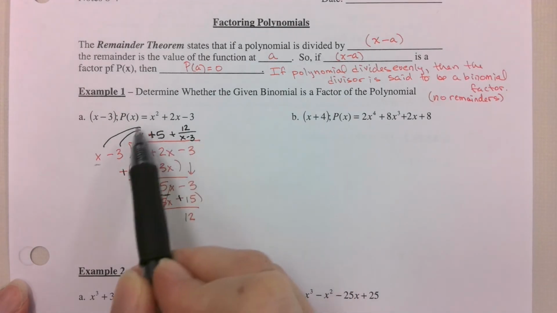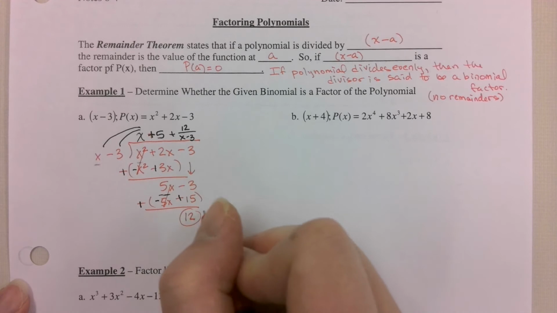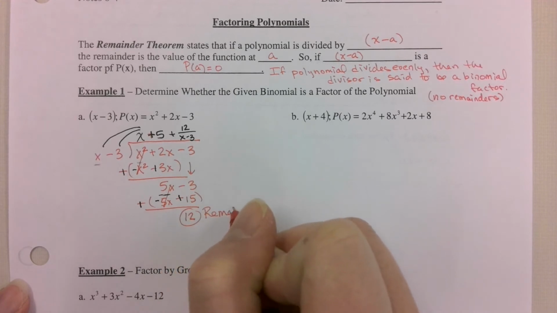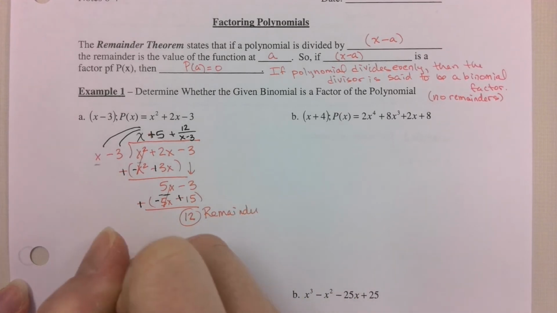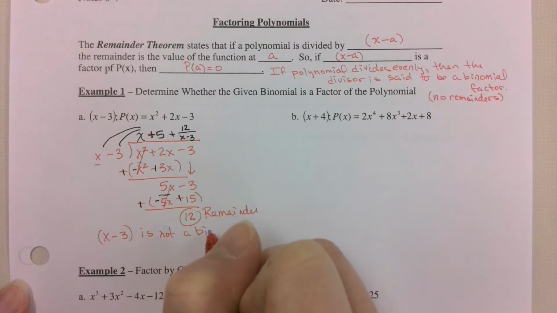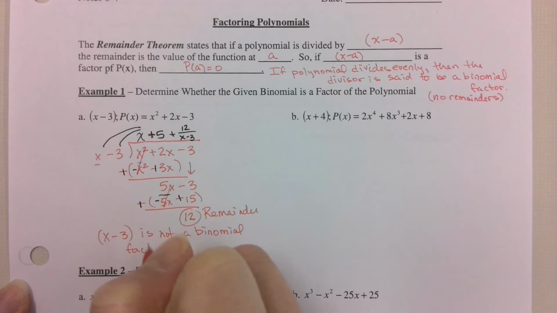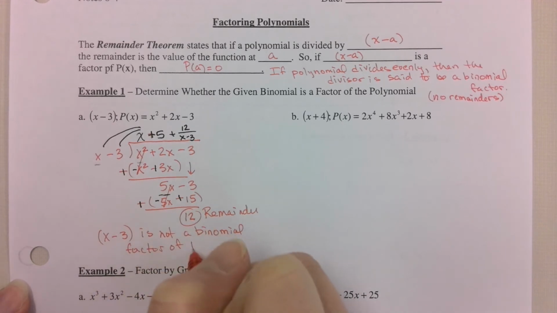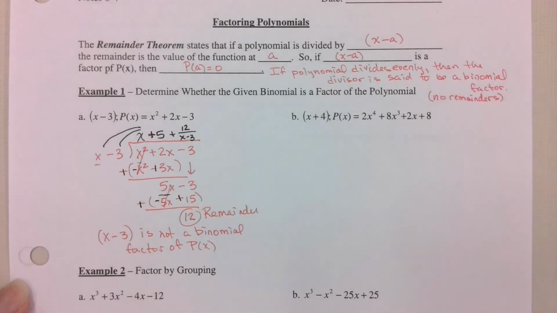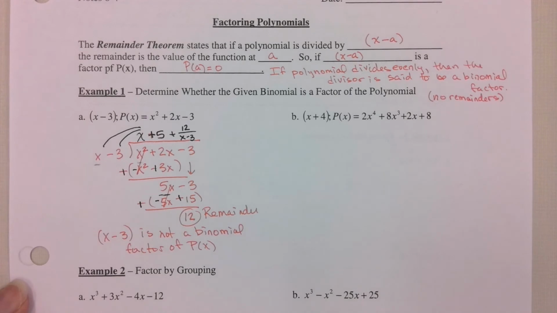So that is my answer to my division problem, but because I have a remainder, it did not divide evenly, so x minus 3 is not a binomial factor of p of x. That's what I know. Because I have a remainder, this binomial is not a factor of my quadratic trinomial.